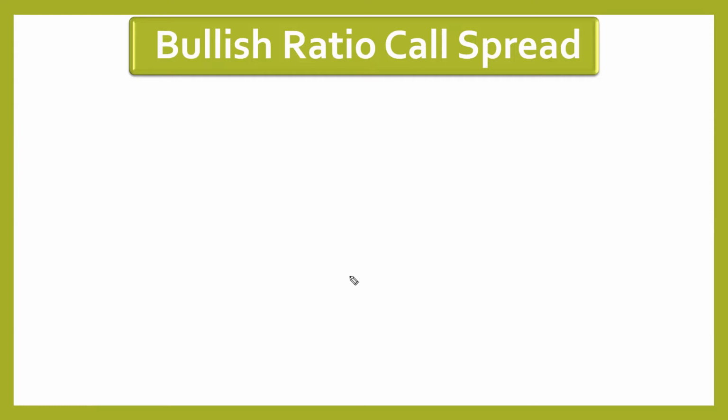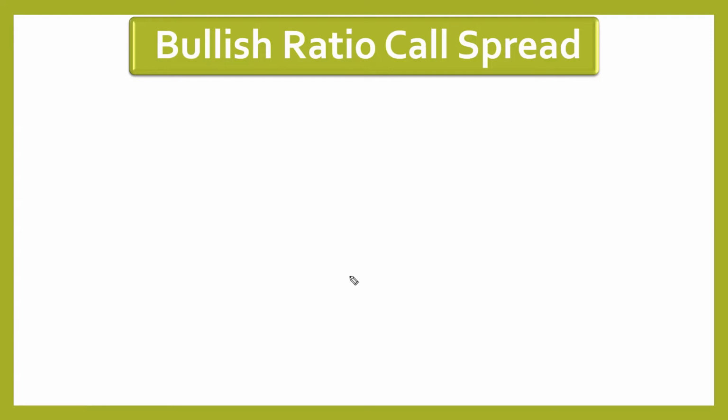I am not ultra bullish. It is neutral to moderately bullish. By the expiry date, it is neutral and slowly inching up. That is what I am expecting from this stock, so it is a neutral to moderately bullish scenario. I have taken this ratio call spread. Hope you understand what a ratio call spread is.